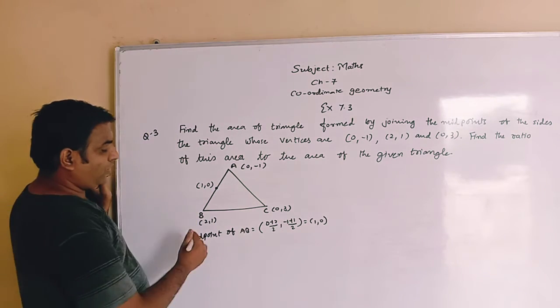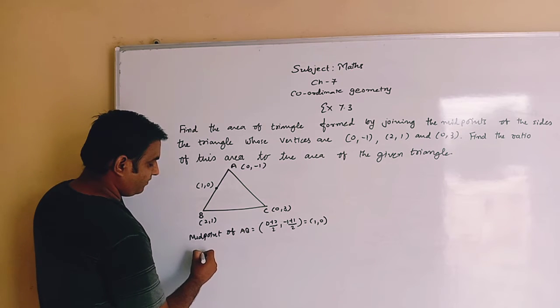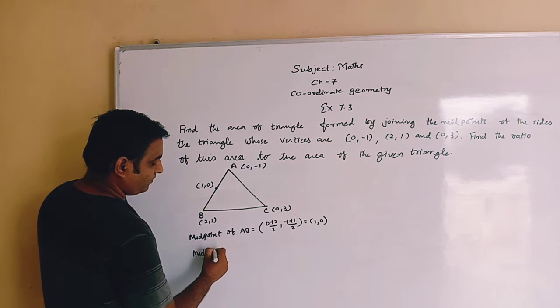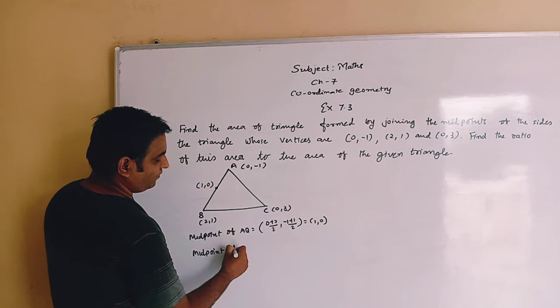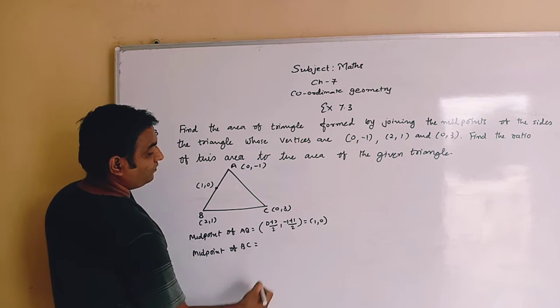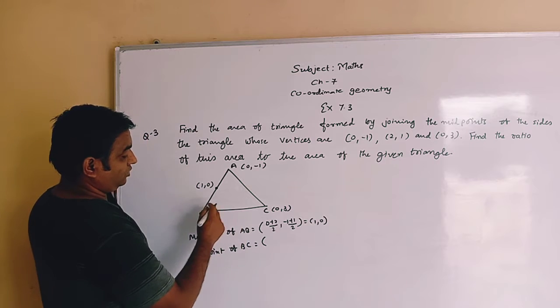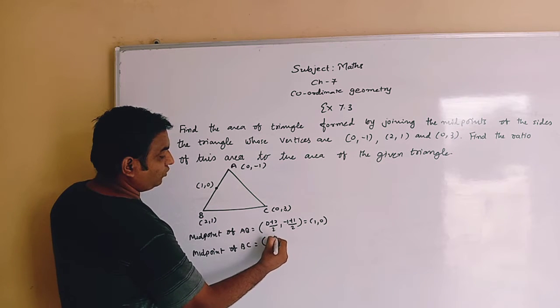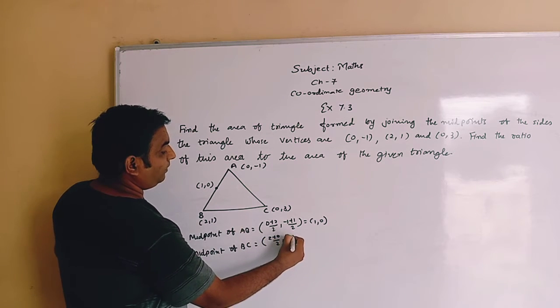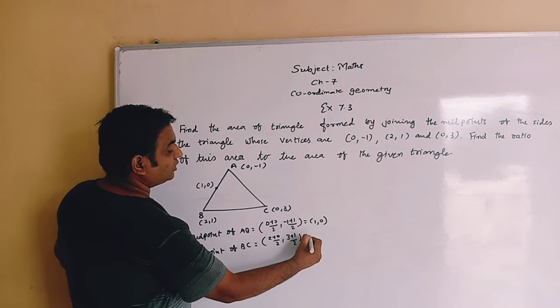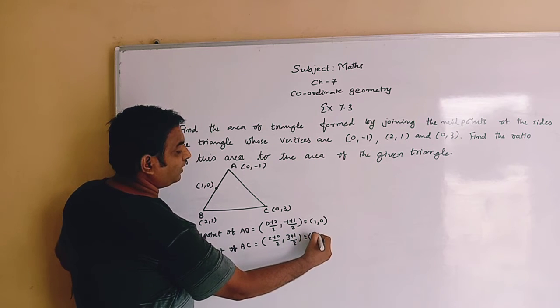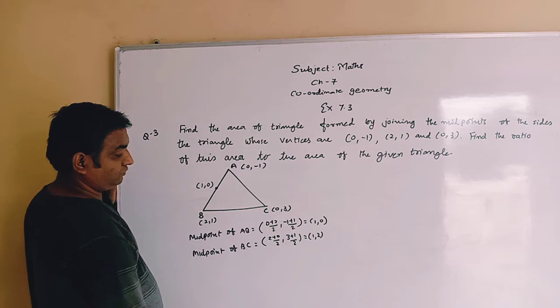Then the midpoint of BC equals (2 plus 0) by 2 and (3 plus 1) by 2. So 2 by 2, 1, and 4 by 2, that is 2.